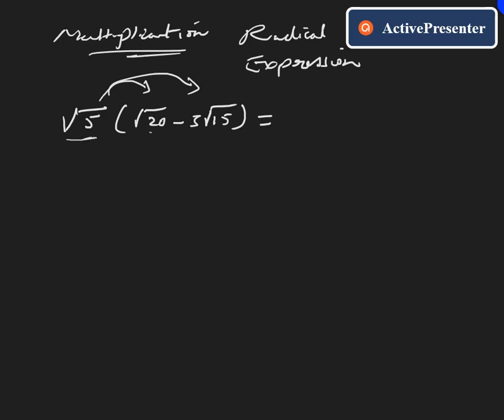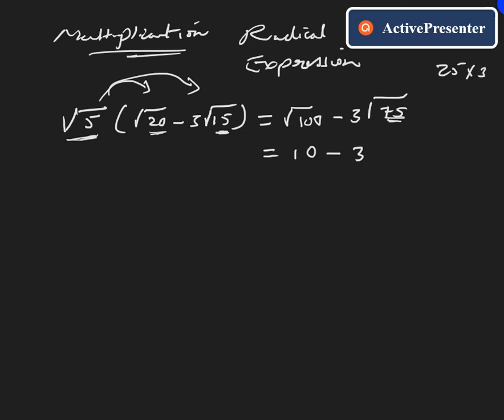square root of 5 multiplied the square root of 20 is the square root of 100, minus 3 multiplied the square root of 5 multiplied the square root of 15, which is the square root of 75. So this is eventually equal to 10 minus 3 multiplied in the square root of 75. This 75 is equal to 25 multiplied in 3, right?